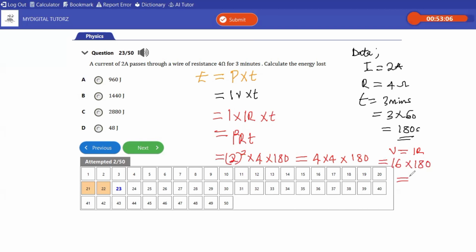When you do your multiplication, that should end you at 2,880 joules. I hope we are together. So that is question 23, then we will move to question 24.